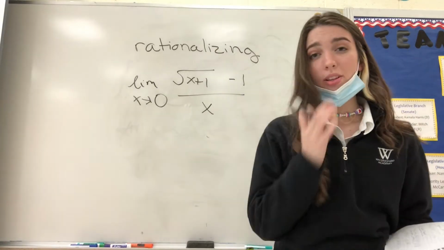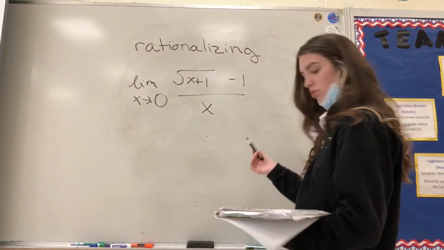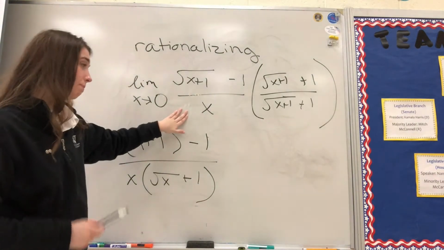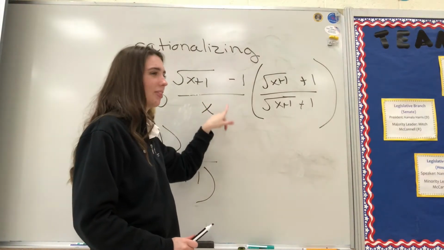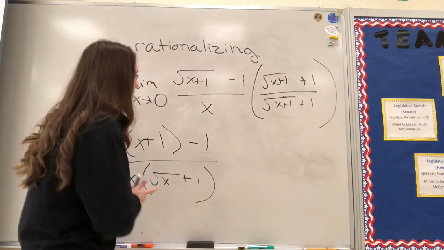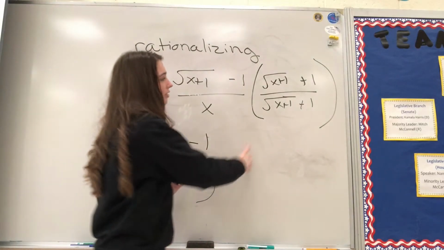Now, you probably remember this from pre-calculus or whatever math you took. To rationalize this equation, we multiply it by the conjugate of the numerator. We multiply both of these by the conjugate of the numerator. So, in this case, it would be the square root of x plus 1 over the same thing.